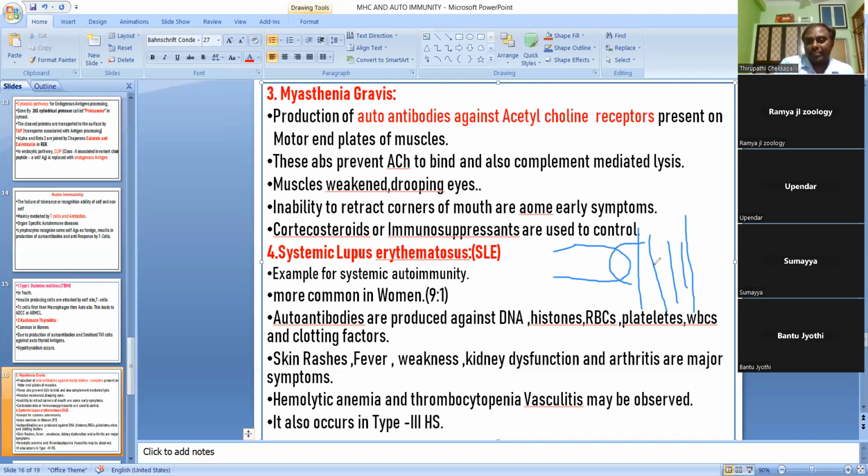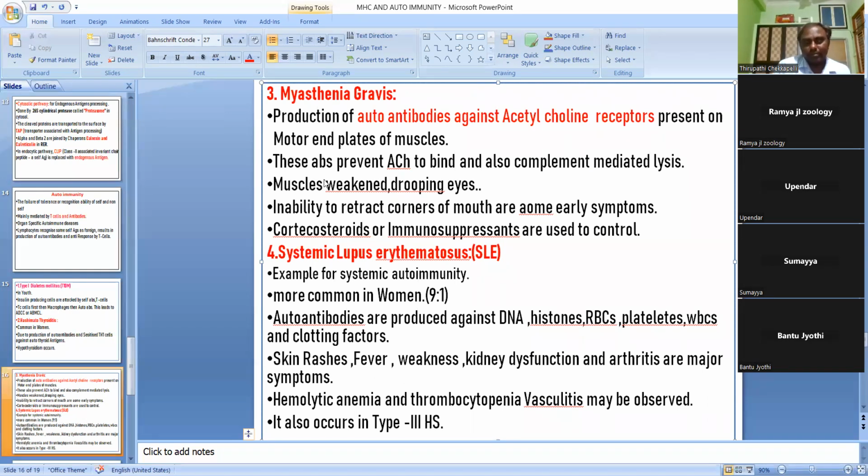This area is called the motor end plate, that means the neuromuscular junction is called the motor end plate. In that area, the acetylcholine receptors are modified. That leads to production of self-antibodies. So that leads to tissue damage.